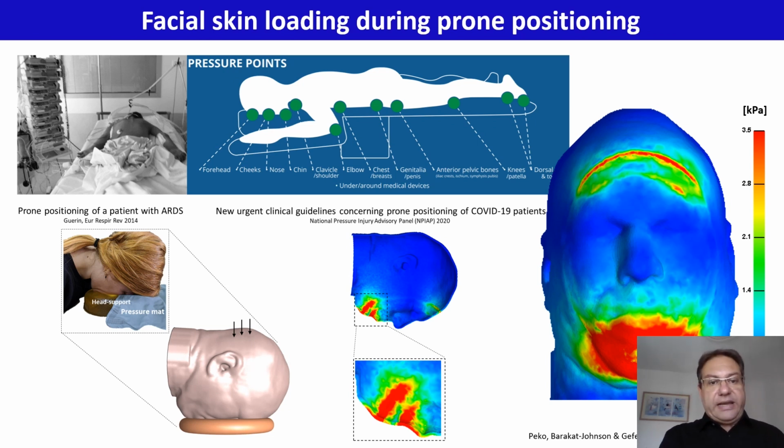And so here is an excellent opportunity for using computer modeling to study these aspects. For example, a paper that we've published on prone positioning, which is one of the fundamentals of care with respiratory distress syndrome. But prone positioning causes very high tissue loads, particularly at the chin and at the forehead, which may compromise tissue viability there through all these mechanisms that I've just described.